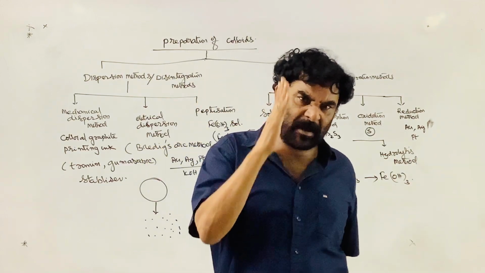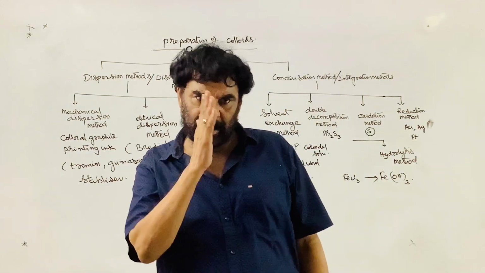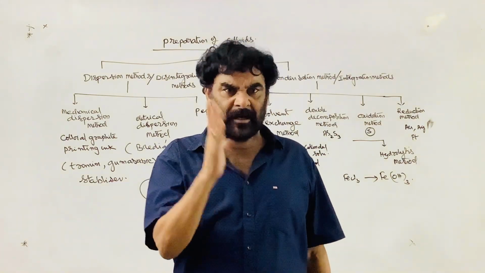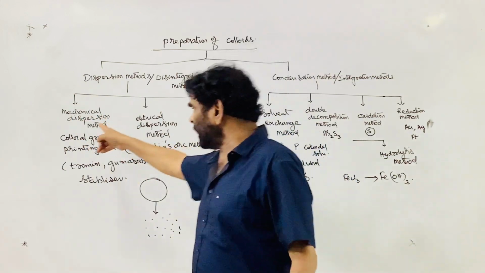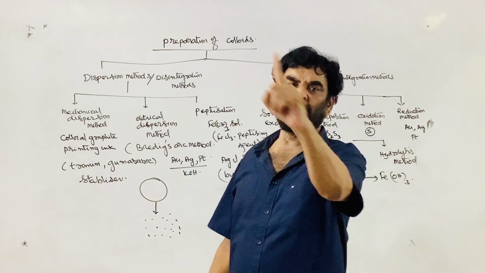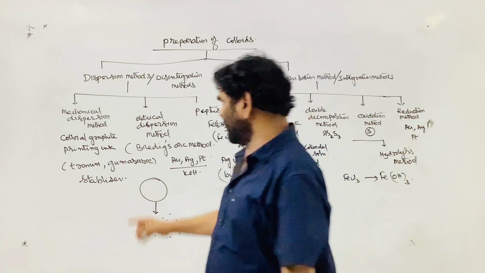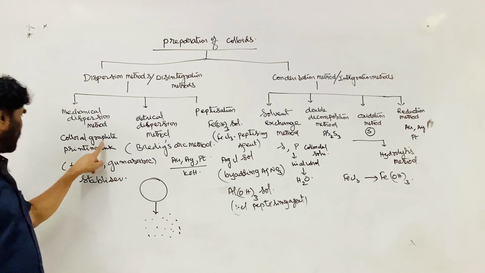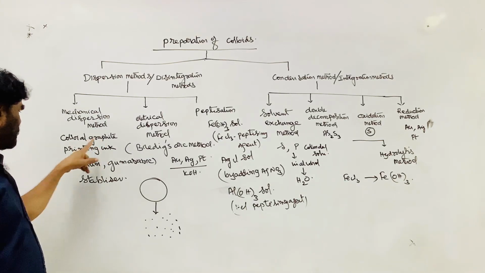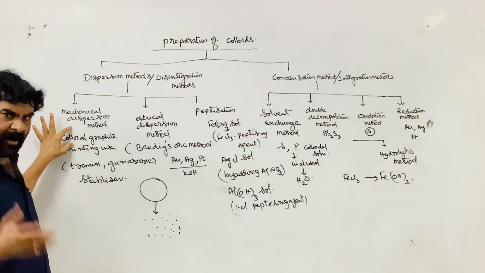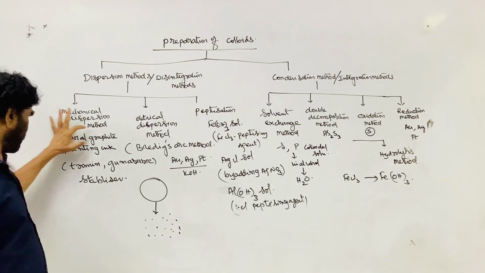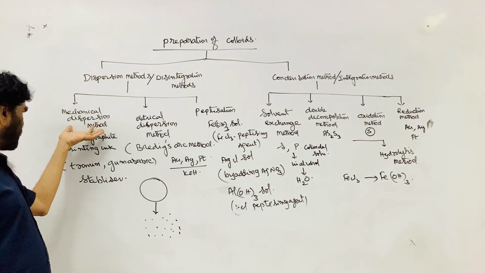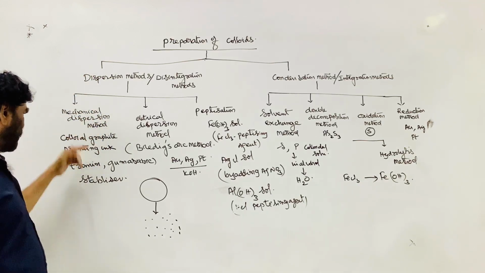So with the help of mechanical action, you convert the particles to colloidal size using a mill known as the colloidal mill. This is called the mechanical dispersion method. Graphite powder and some solvent like water or alcohol are taken, a slurry is prepared and poured into the colloidal mill.